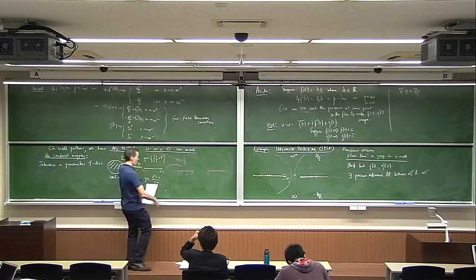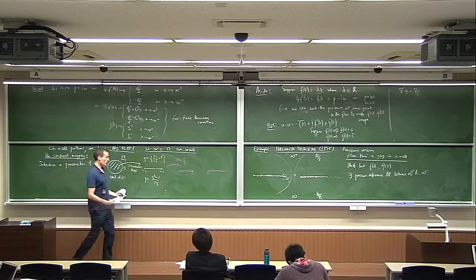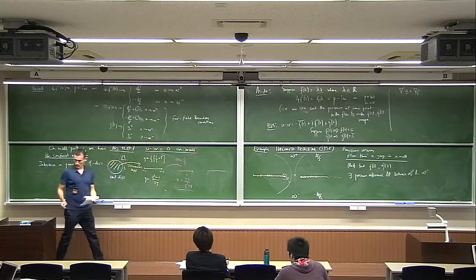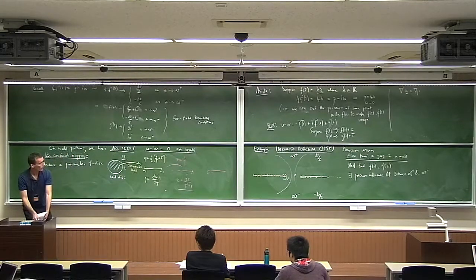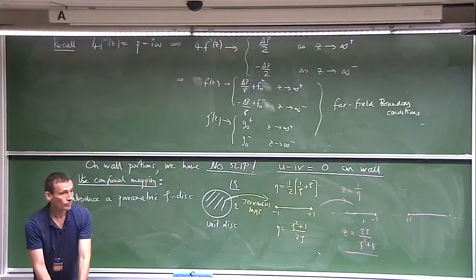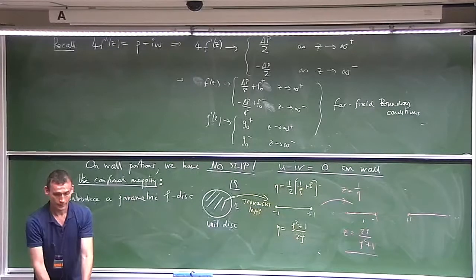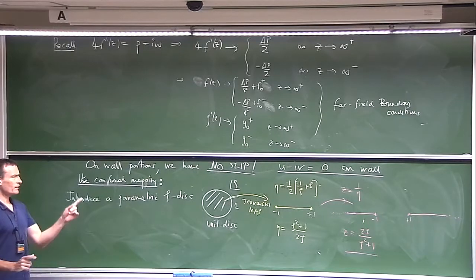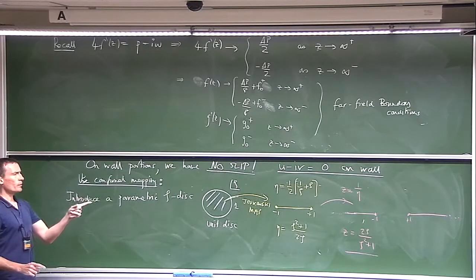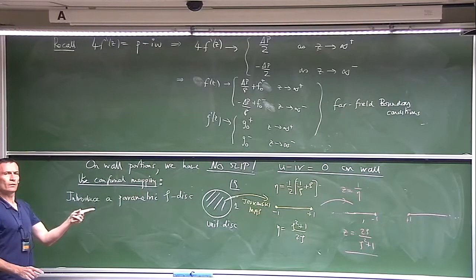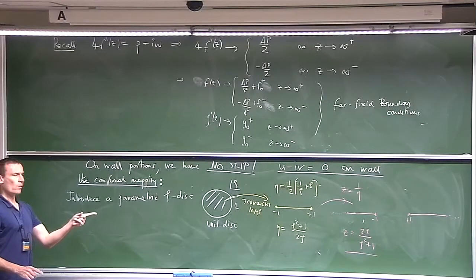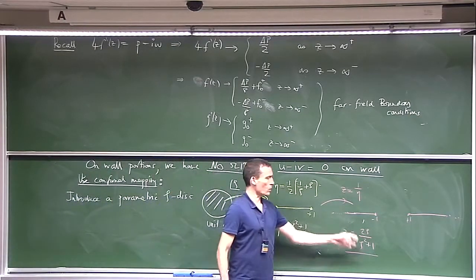So 1 over eta, z, is that. Everybody understand? Let's just study this a little bit. What do you notice about that function, z, as a function of zeta? Two zeta over zeta squared plus 1.